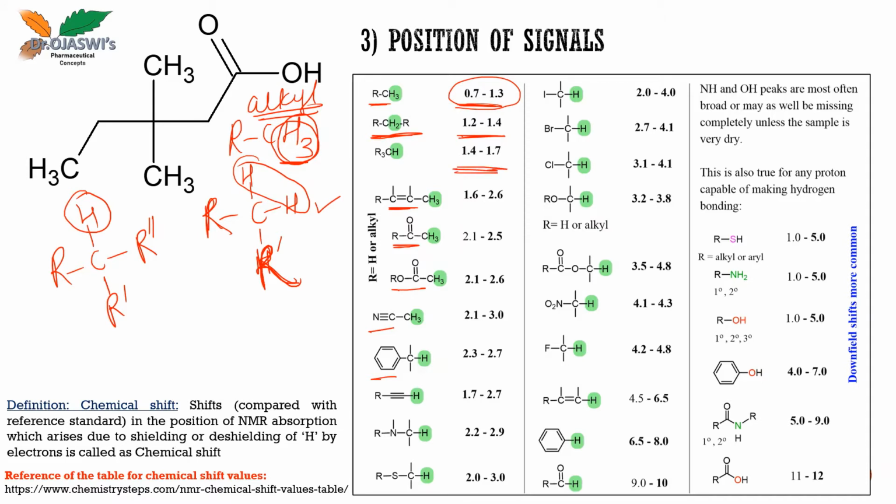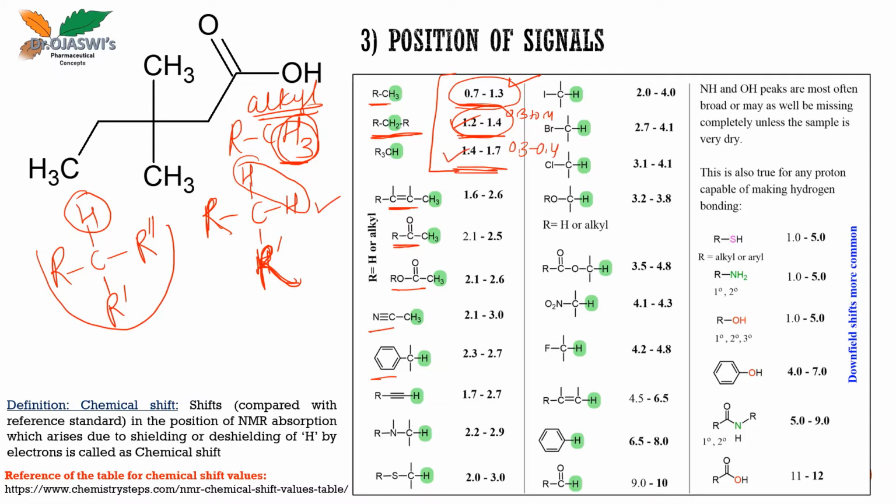So the peaks are shifting their positions based on the adjacent environment. And if you observe the pattern of increase from this 0.7 to 1.3, if you just add 0.3 to 0.4 units, then you will get this answer. To this value, if you just go on increasing 0.3 to 0.4 units, you will get this answer.